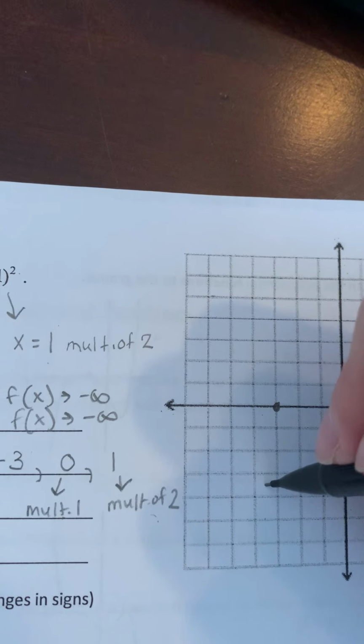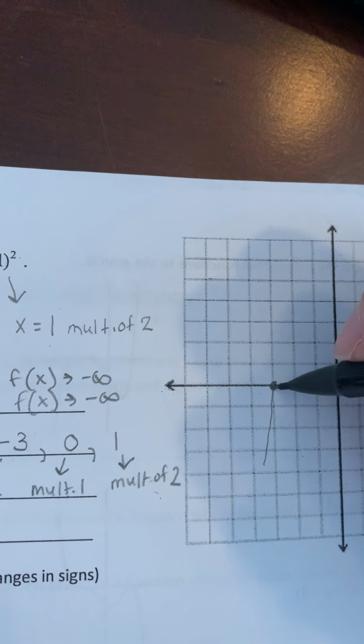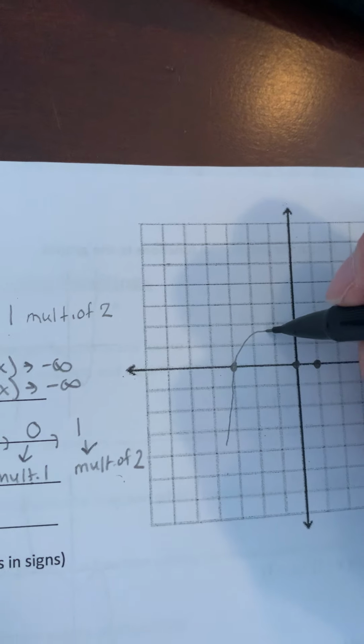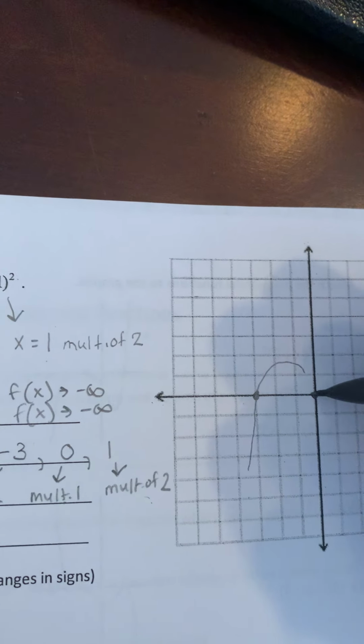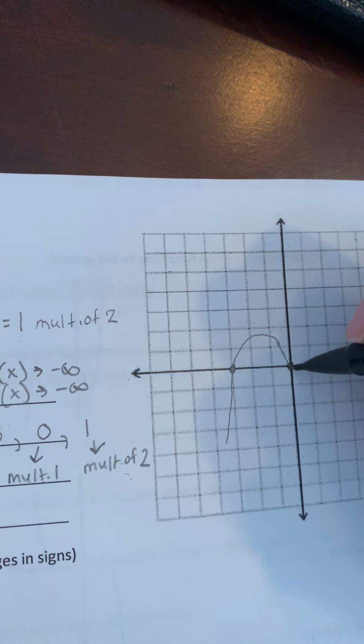So I know the graph starts down, and we have an odd multiplicity at -3, so it's going to go through -3. I'm going to have to come back down and go through 0 because it had an odd multiplicity.